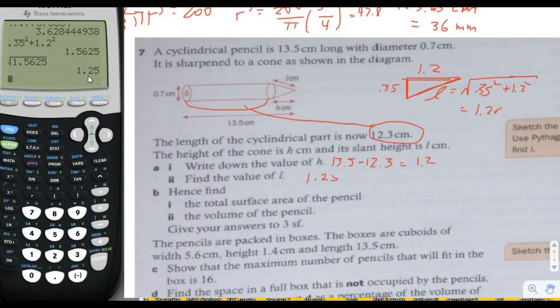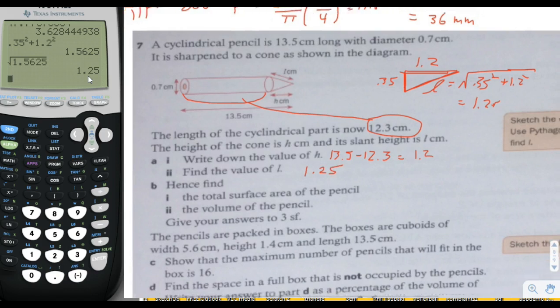All right. Hence find the total surface area of the pencil and the volume of the pencil. The total surface area will be made up by the end, the wrapped around part, and the cone part. The end part would be pi r squared, where r is 0.35.